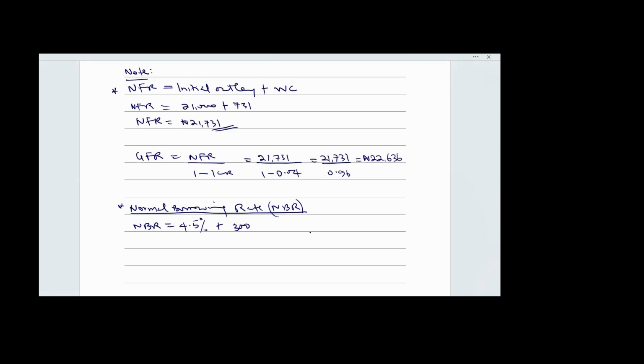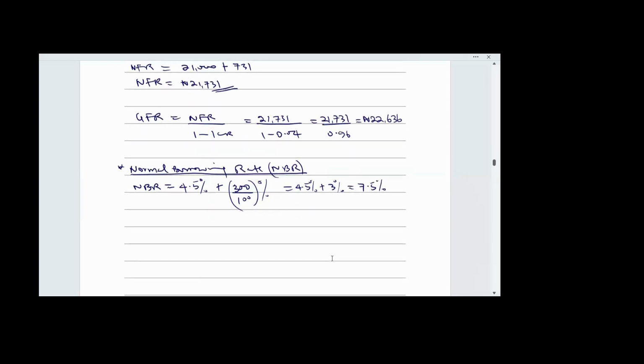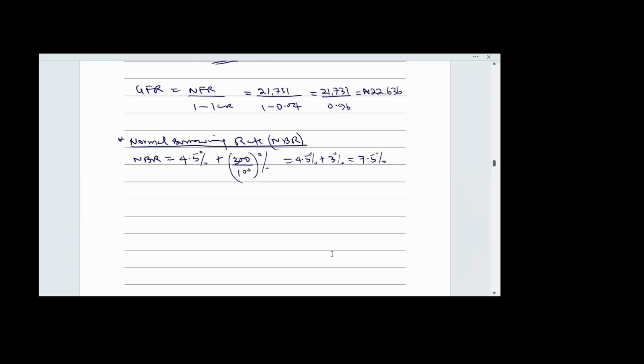A basis point is just a spread above or below the normal borrowing rates. Whenever you are given basis points, always divide by 100 to get a percentage. So my normal borrowing rate will be 4.5% plus 3% equal to 7.5%. Our assumption is that we want to use the normal borrowing rate to discount the cash flow arising from financing effects.